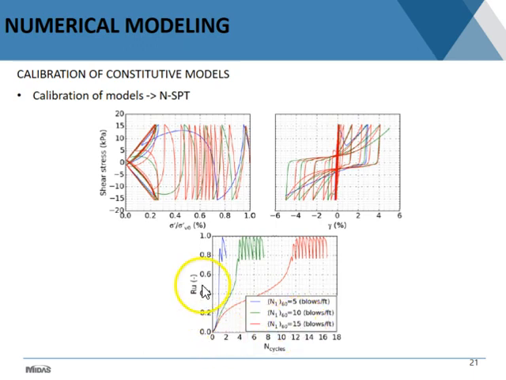If you take a look at how the excess pore pressures develop with the number of cycles, with low blow counts you reach one rather easily with a small number of cycles, and if you increase the blow counts, it takes more cycles to get to that same condition.